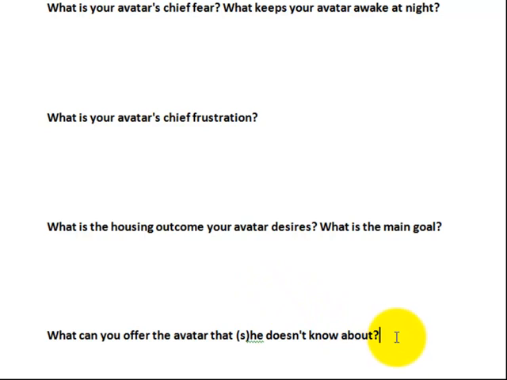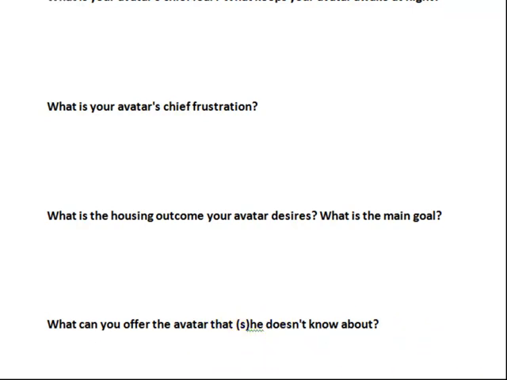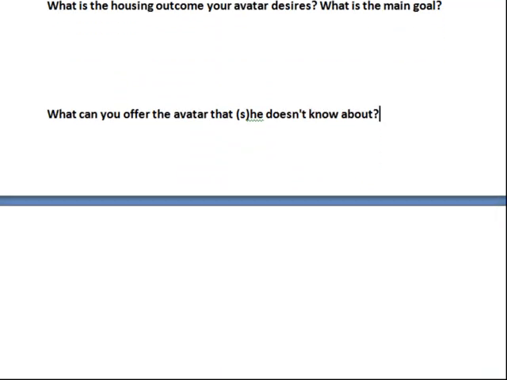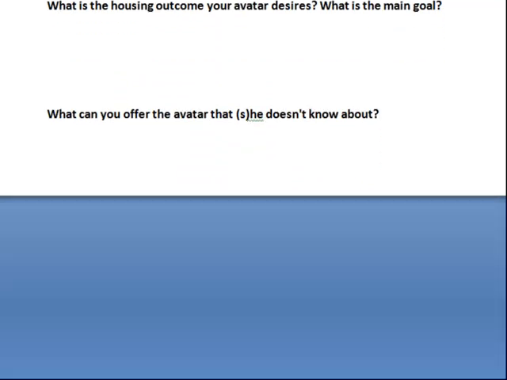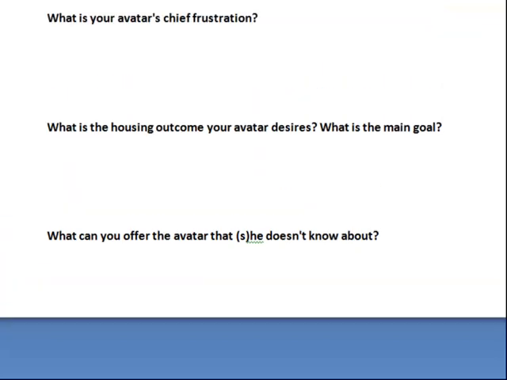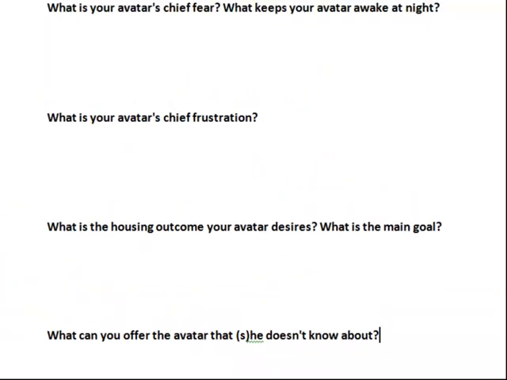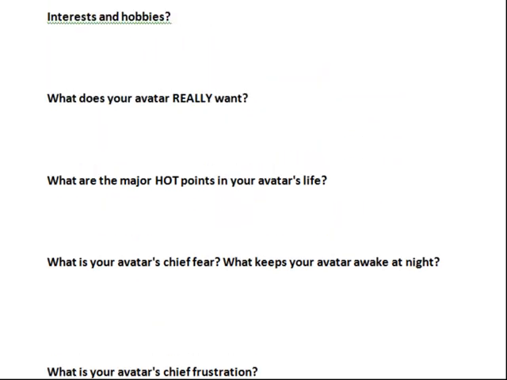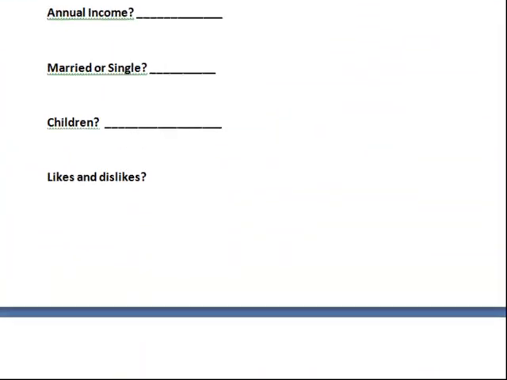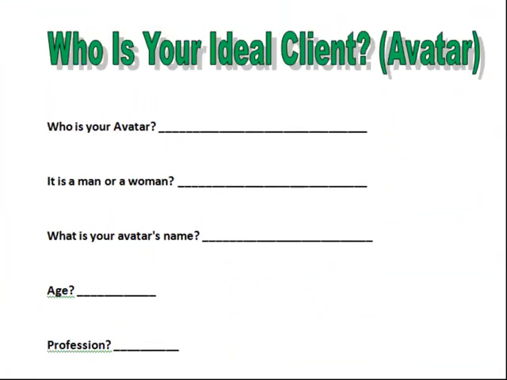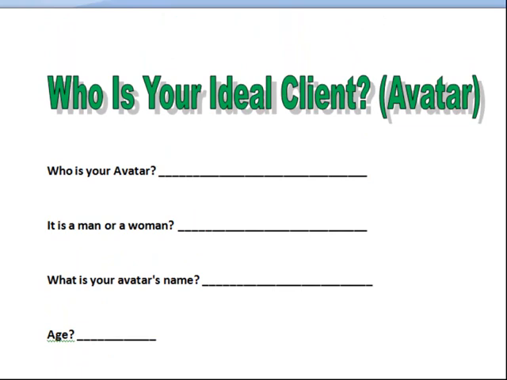And what can you offer that avatar that he or she doesn't even know about yet? What special gift do you bring to the table that you can share with that avatar? So this may be a little bit different than some of the other exercises you've done in real estate.